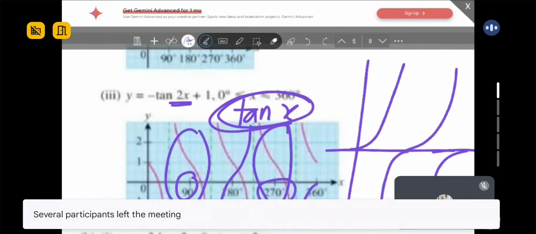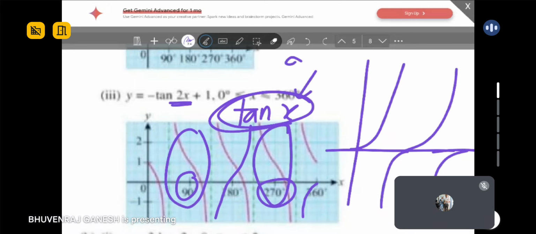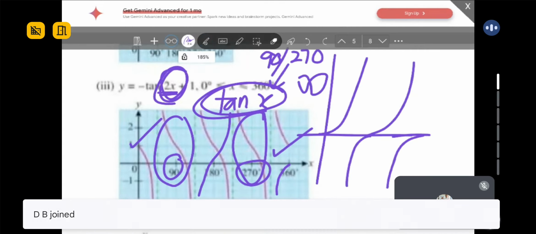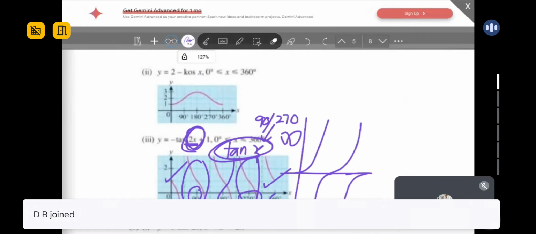Okay, only tangent X graph at 90 and 270 you get infinity. Tak ada nilai. Tapi sekarang dia 2X. So it's completely different tadi. Dia dah berubah. Okay, so that's why you have value over here. Kamu ada nilai. Okay, do you guys get the point? Boleh dapat kan? So this is how you guys draw the graph.